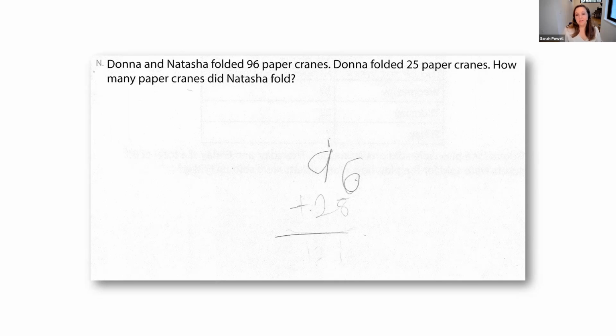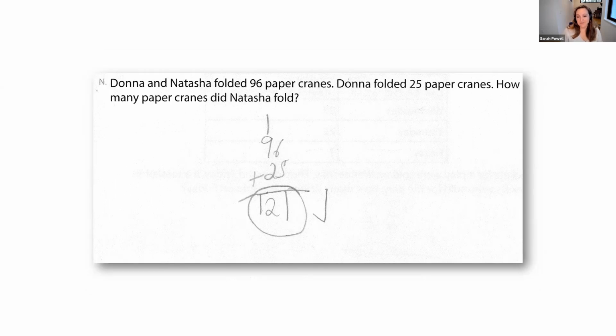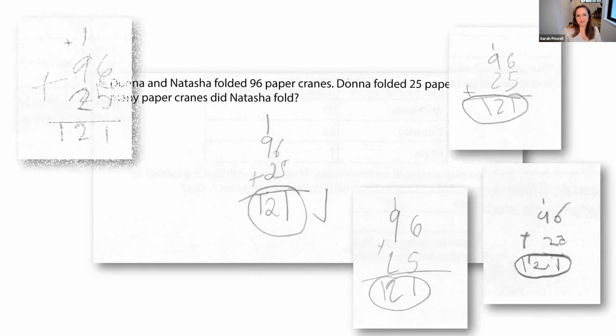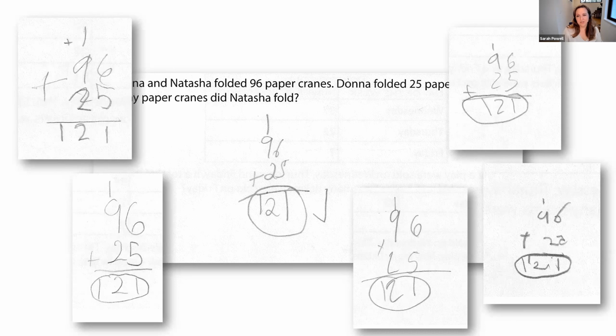And then we get to students that take the two numbers from this problem, and very commonly they're going to add these numbers together. So this student does that. This student does that. Notice how they checked their work. So they showed us that they did that. I'll just put up a bunch of these, because this is a very common strategy for these students. A nice thing about this work is that these students are regrouping.